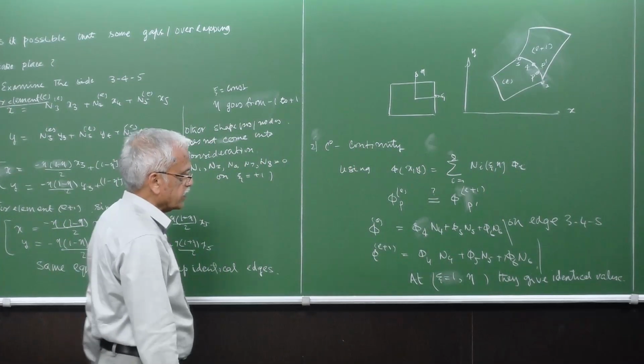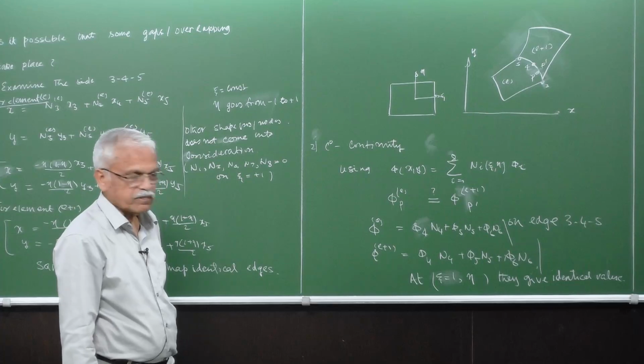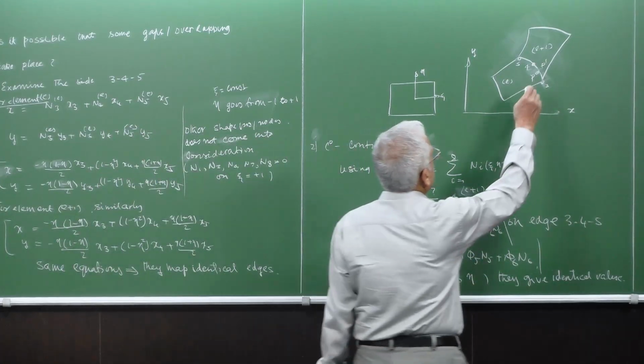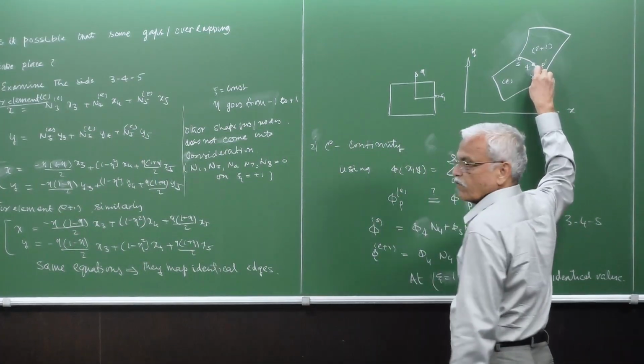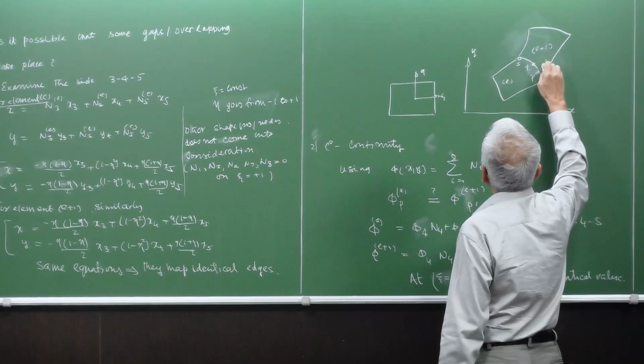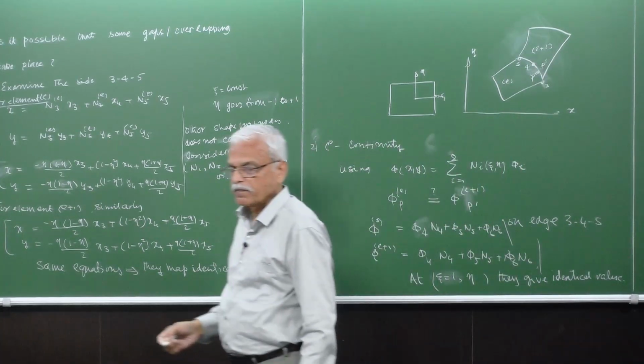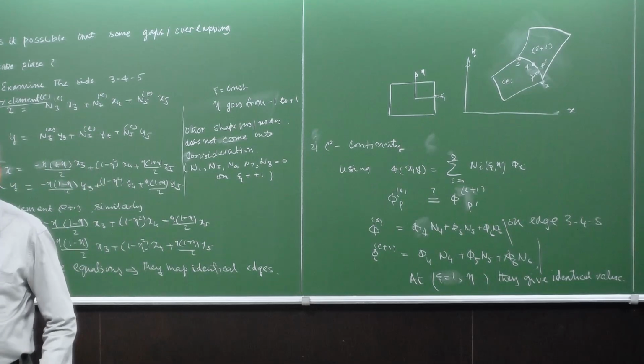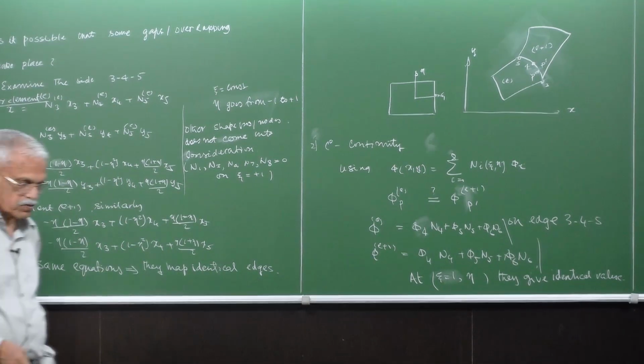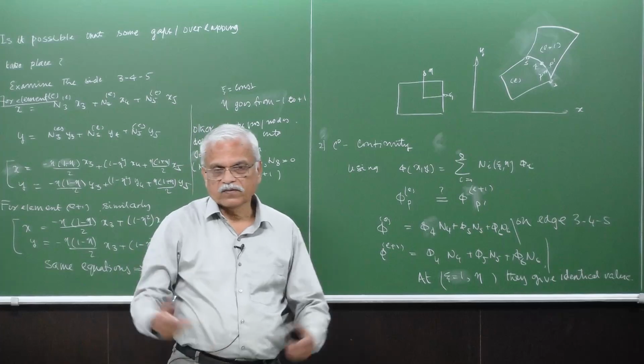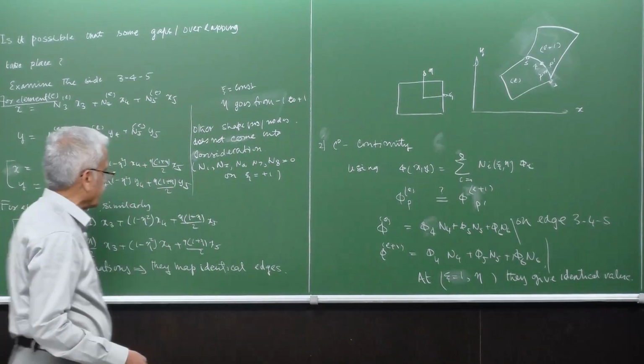So thus the C0 continuity is maintained. Whatever you get for phi P from element E and phi P prime from element E plus 1, you will get identical values, and that means C0 continuity is maintained.